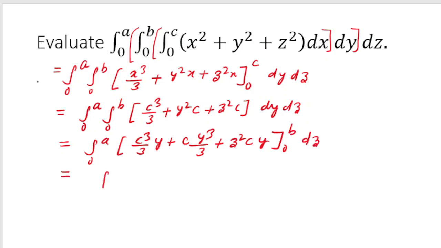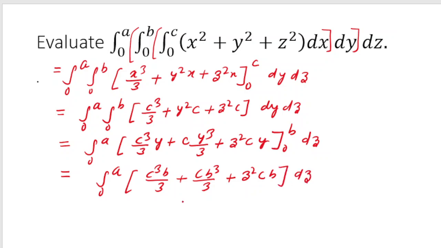If I put the limits, I will get c cube b by 3, then c b cube by 3, and z squared c times b. If I put the lower limit 0, every term becomes 0, because y is equal to 0. So this is dz.